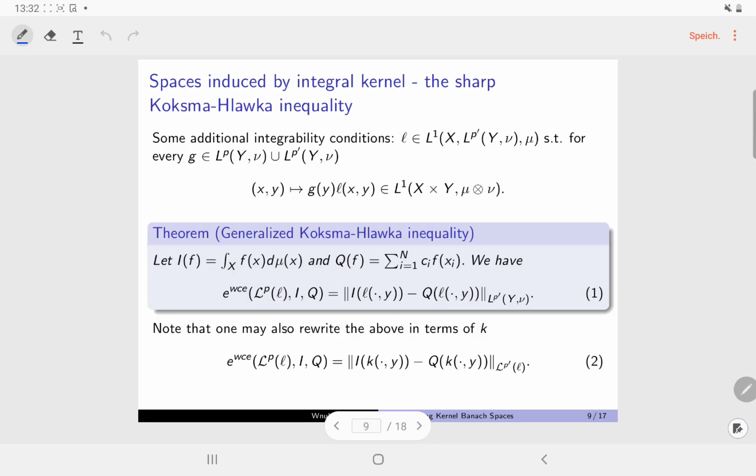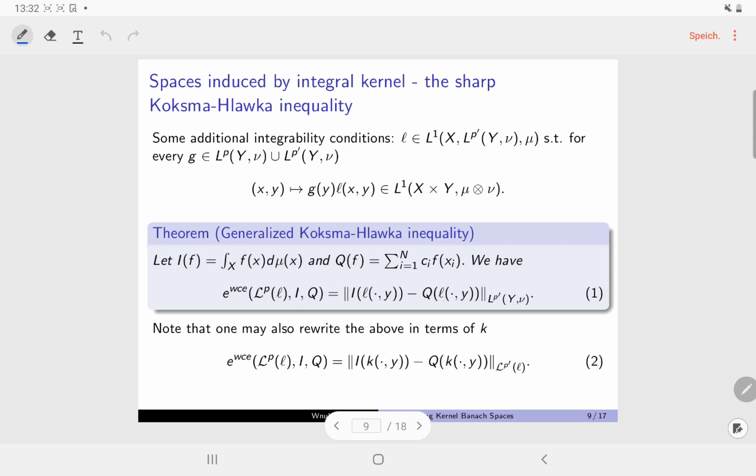Now, I said in the beginning we would like to have some kind of a Koksma-Hlawka inequality for our L^p spaces. And in fact, they are not that difficult to obtain. For that, we need some additional regularity conditions on L. I will not go into the details.